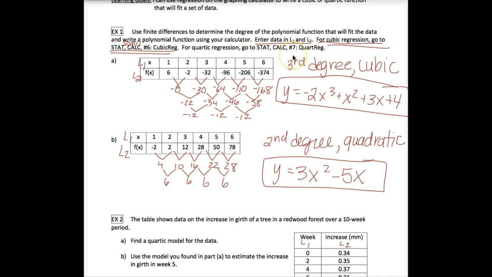So we're going to press Stat, go to Calc, and choose choice 7, Quartic Regression. Again, make sure you tell it what lists you want. So if you used L1 and L2 like I did, tell it that. Otherwise, tell it something else. And then press Enter or scroll down to Calculate and press Enter.